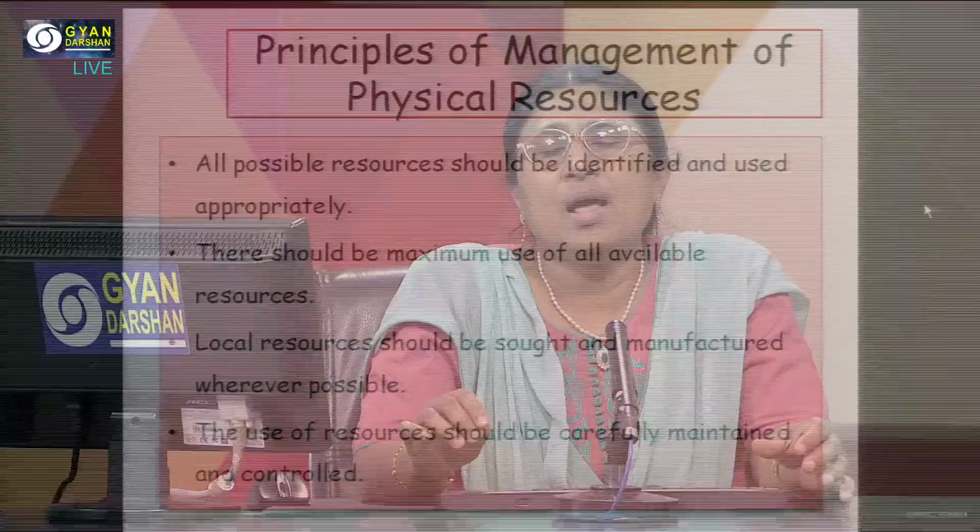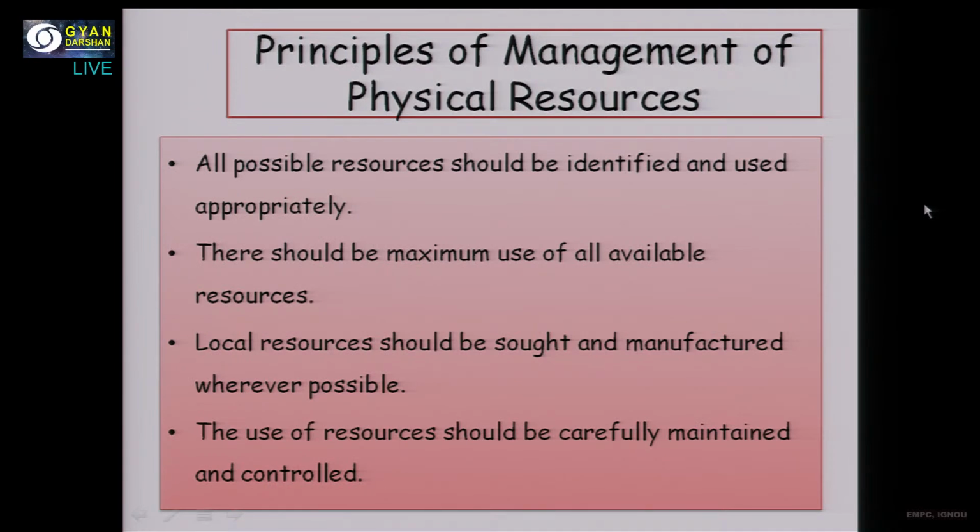So these are two steps: first, to identify the existing resources in a school, and then to make maximum use of all the available resources in an institution. Then the local resources should be sought and manufactured wherever possible.